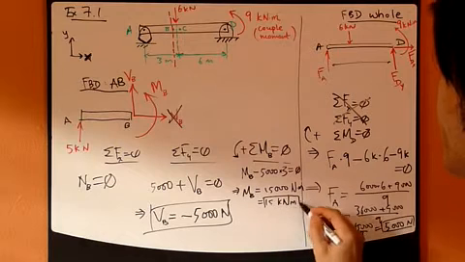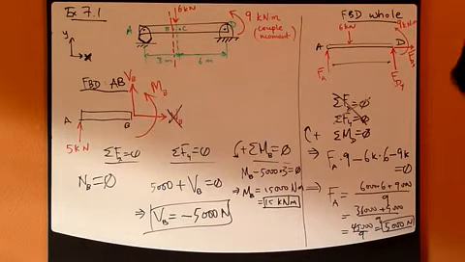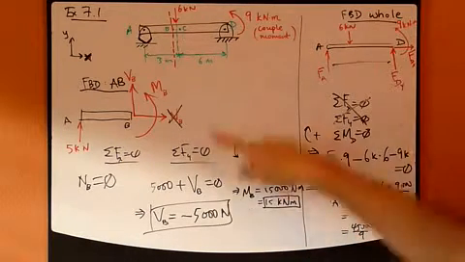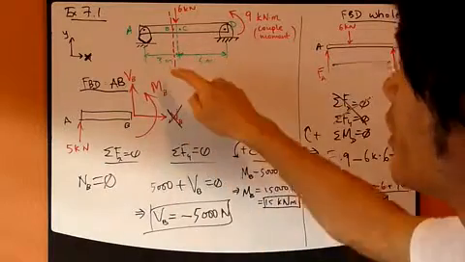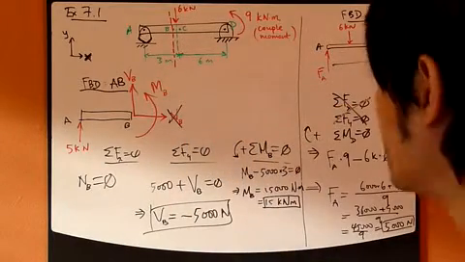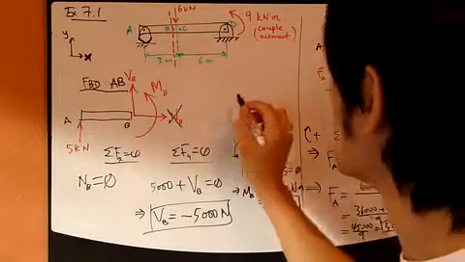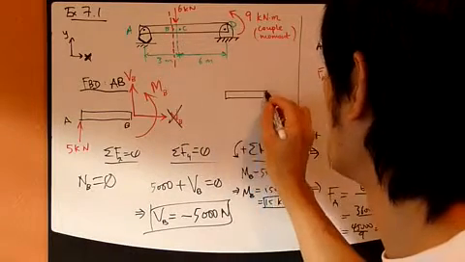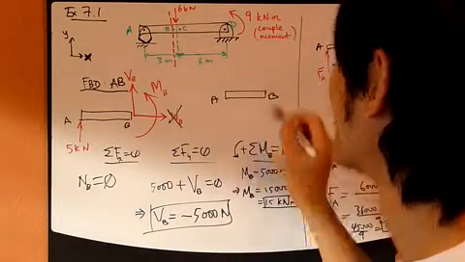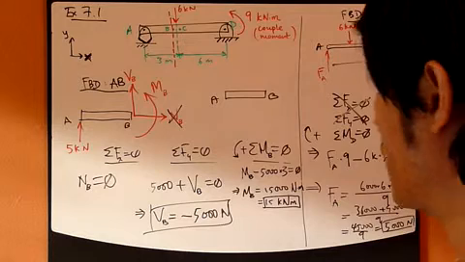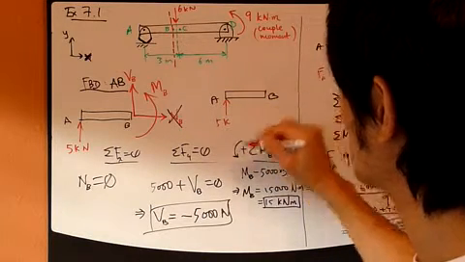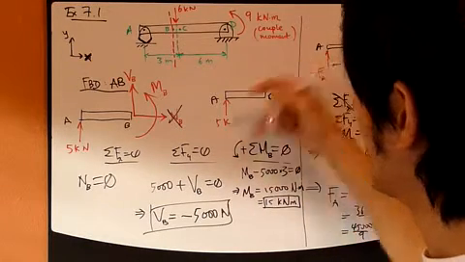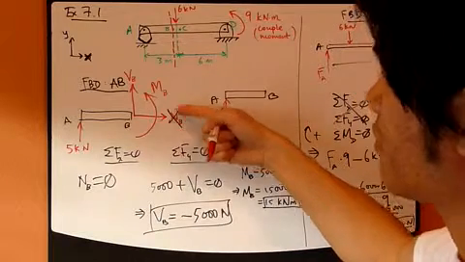That's positive, which means my originally assumed direction of counterclockwise is correct. So I can redraw this now. Draw a second picture of AB with the correct forces and moment direction. I have 5,000 Newton, and I don't have a normal force now.